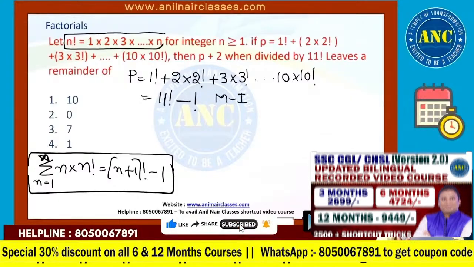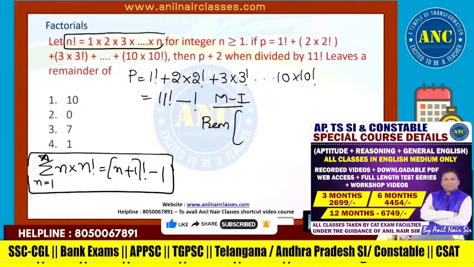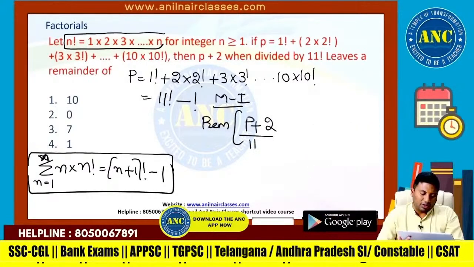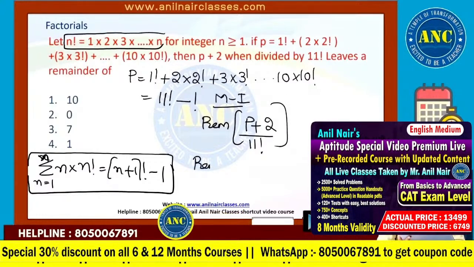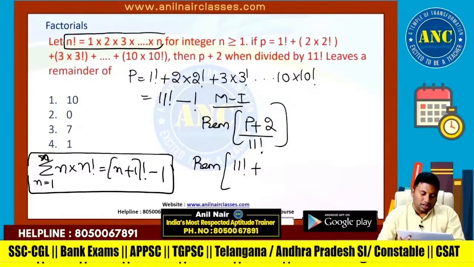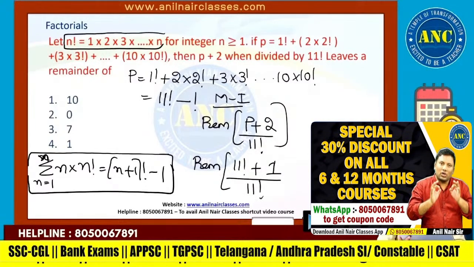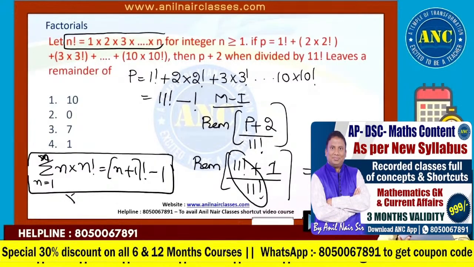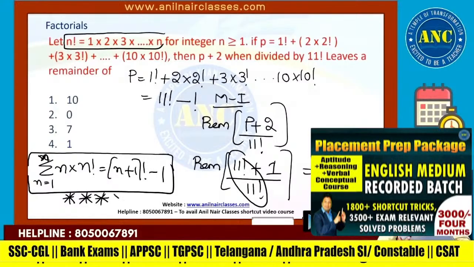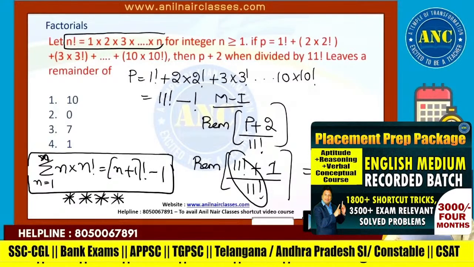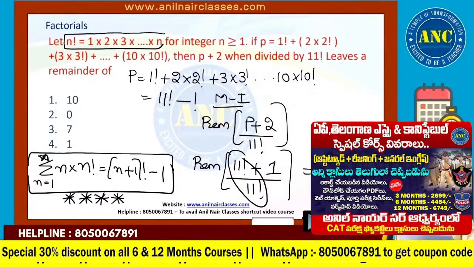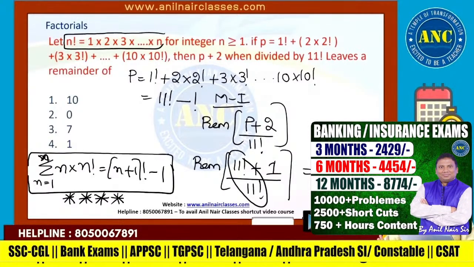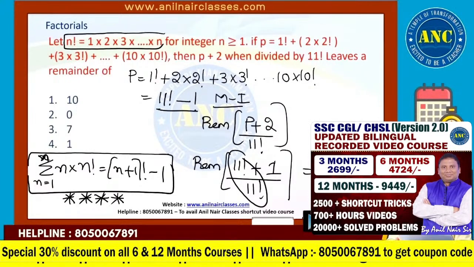Method 1. Generally, students will solve like this. Remainder when P plus 2 is divided by 11 factorial. P plus 2 is 11 factorial minus 1 plus 2, which is 11 factorial plus 1, divided by 11 factorial. This is cancelled. So what is the answer for this question? 1. The concept that is used in this question is that n into n factorial summation is given by n plus 1 factorial minus 1. 11 factorial minus 1 added to 2 gives 11 factorial plus 1.